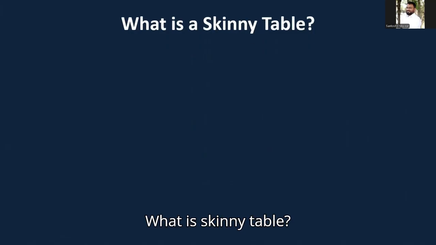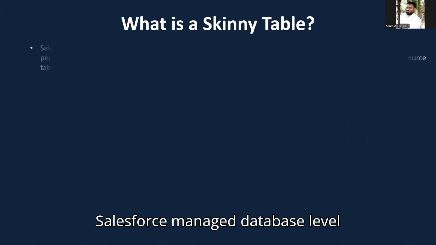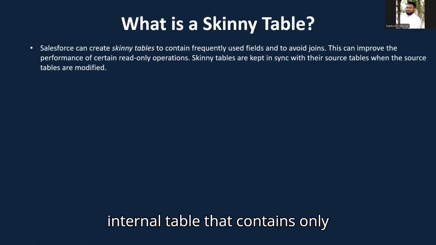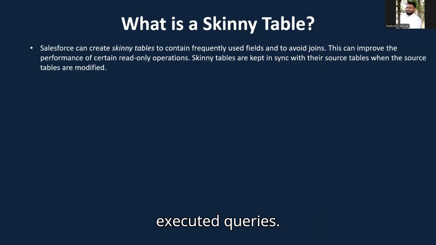What is skinny table? A skinny table is a Salesforce managed database level optimization where Salesforce creates an internal table that contains only a selected subset of fields from an object. Typically, the fields that are frequently used in reports, list views, and commonly executed queries.